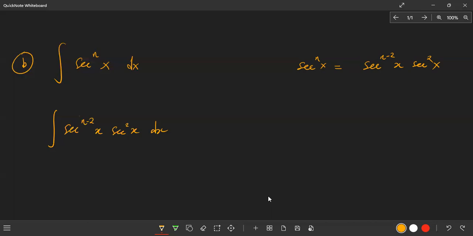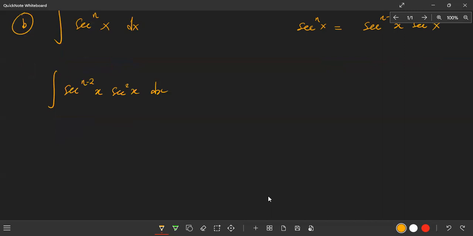Since they're both sec, the choice is up to you: which one is easy to integrate and which is easy to differentiate? Just like I mentioned, the integral of sec squared is just tan x. So I'm going to integrate sec squared and differentiate sec^(n-2) x. This means my u becomes sec^(n-2) x.